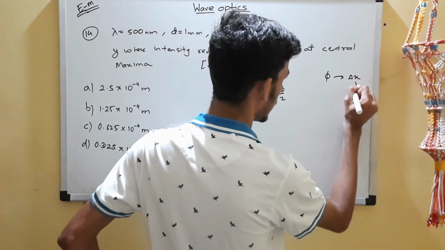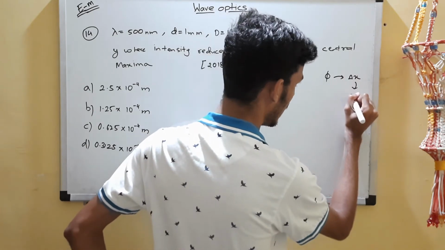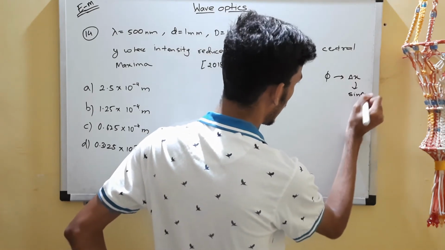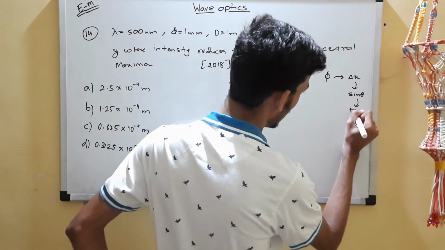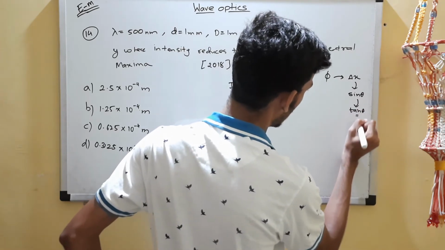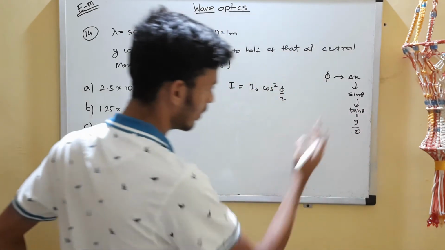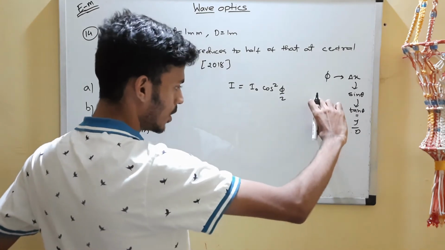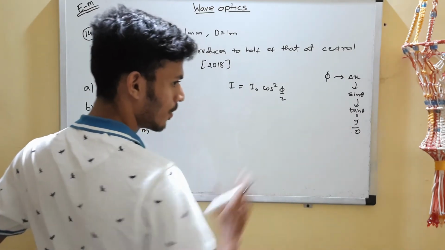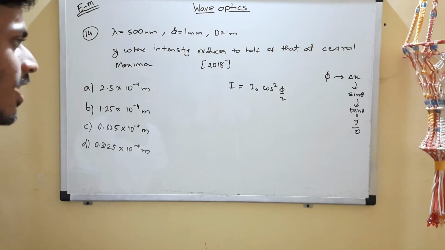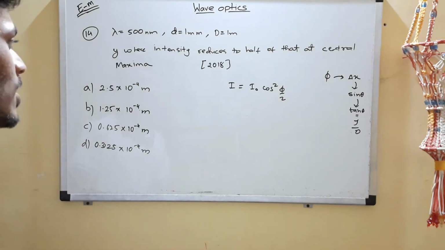From path difference we can use delta x equals d sine theta and find sine theta. Then sine theta can be equated to tan theta. Basically tan theta is y by D, the vertical position divided by the distance from the screen. We saw it in the previous questions as well.